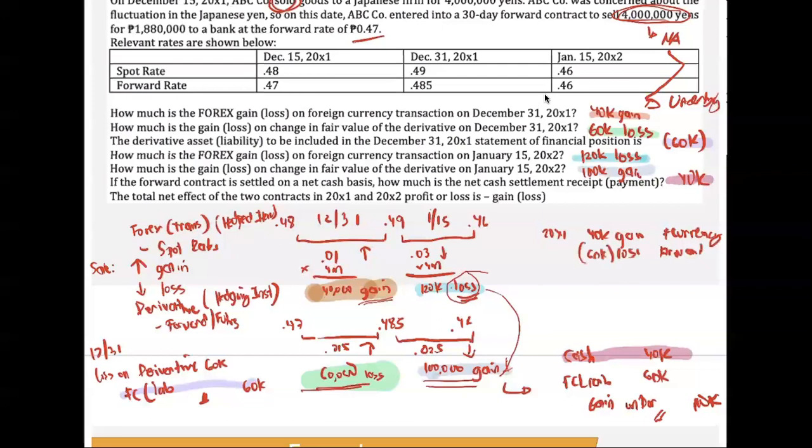And then on 20x2, we have 120,000 loss on the foreign currency. And then for your forward contract, what do we have? 100,000 gain. So what is the net gain or loss? 40 less 60 less 120 plus 100. We have here a net loss of 40,000. So that will be our answer.